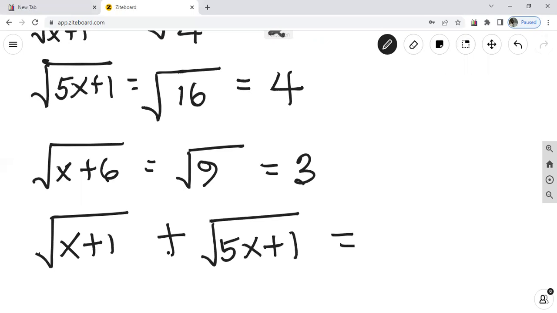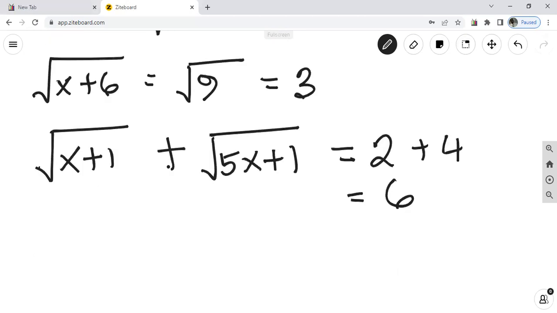What do we get from the above computation? For the square root of x plus 1, when x is equal to 3, we got 2. And for the square root of 5x plus 1, when x is 3, we got 4. So we have 6 in this case.